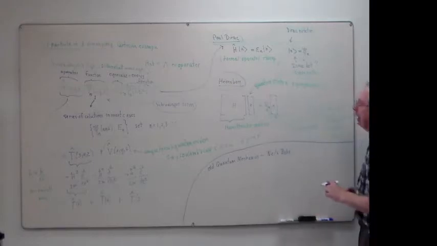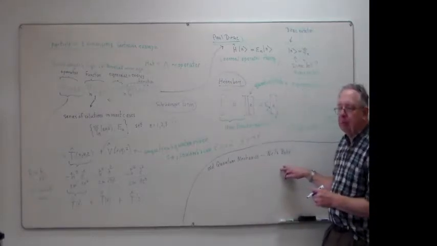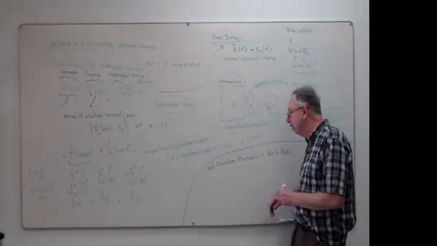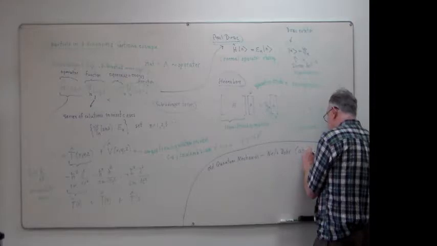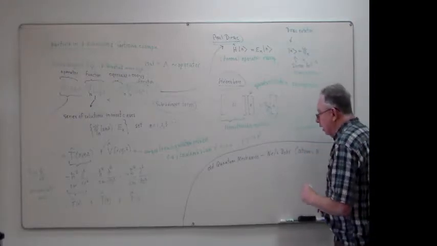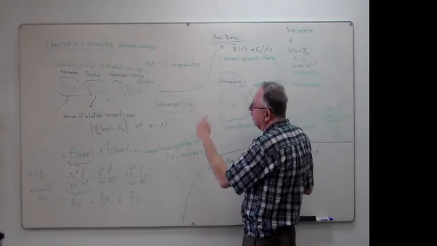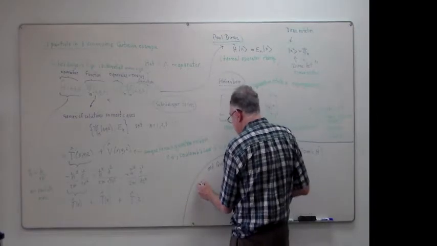This is the quantum mechanics that arose from Niels Bohr in the early part of the 20th century. It didn't have the underlying mathematical structure that this had.